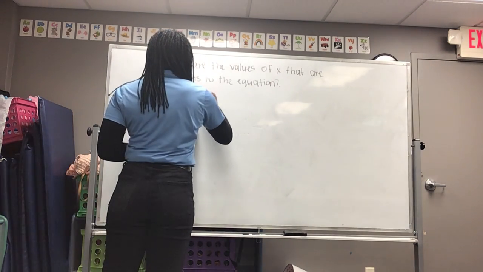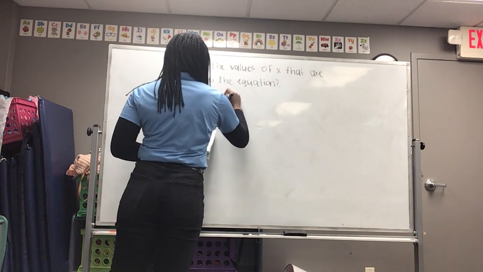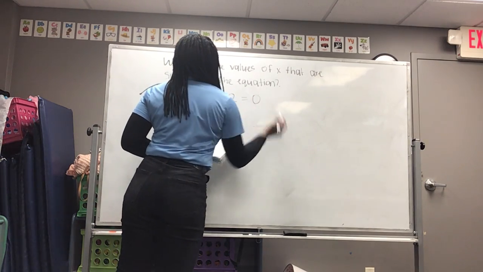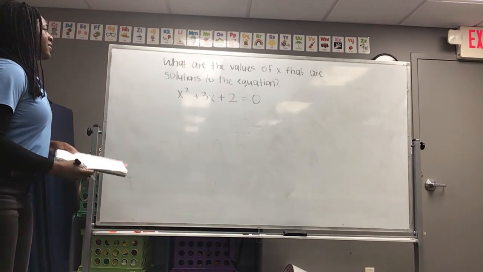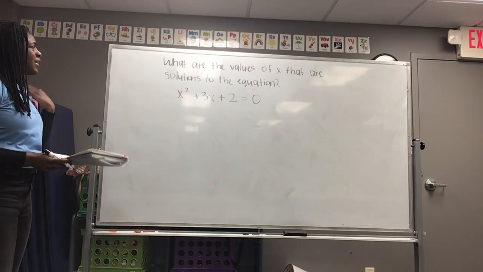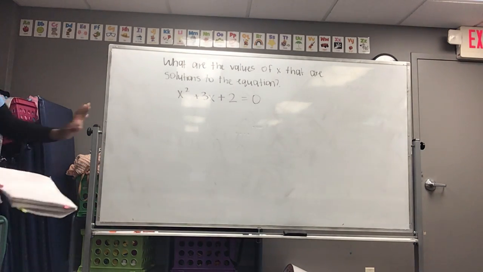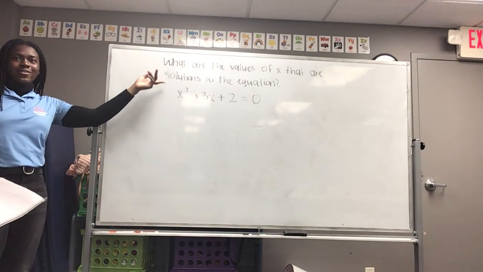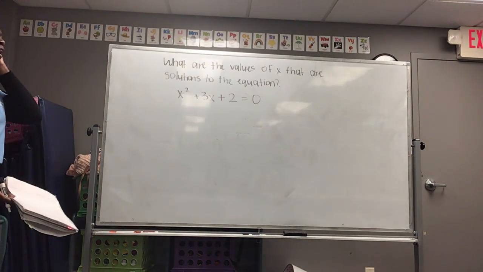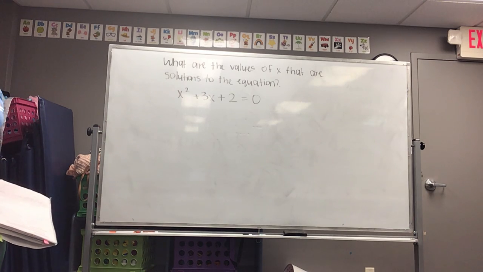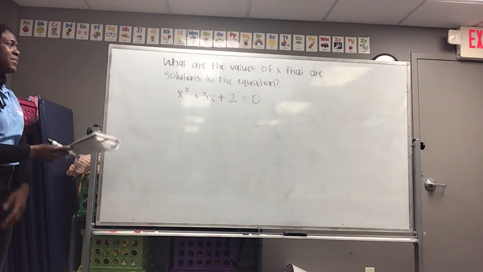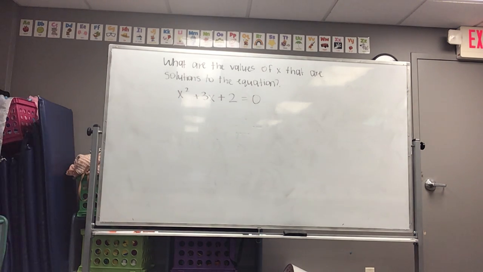Also, I thought I had answer options for this one, but I don't, so it'll be like a free response. And one other thing I was going to mention: this one uses the wording of solutions, but they could also say, what are the zeros for this equation, and it would be asking the same exact thing. So I'll give you time to solve that one.